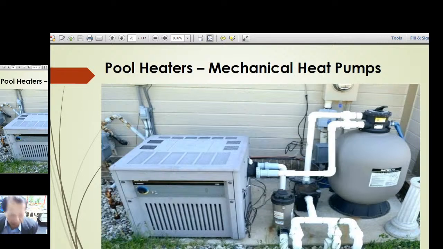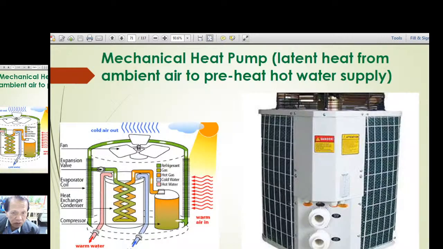By the way, a mechanical heat pump is much more efficient, consuming less electricity in heating your pool water as compared to a water heater. A water heater really consumes too much electricity. So your options are a mechanical heat pump or a rooftop solar water heater.